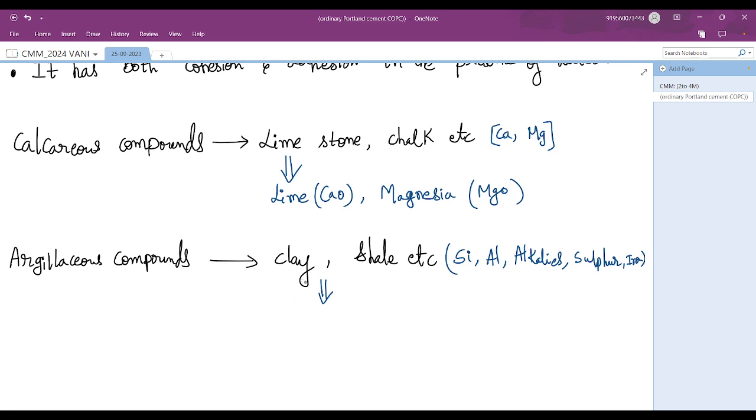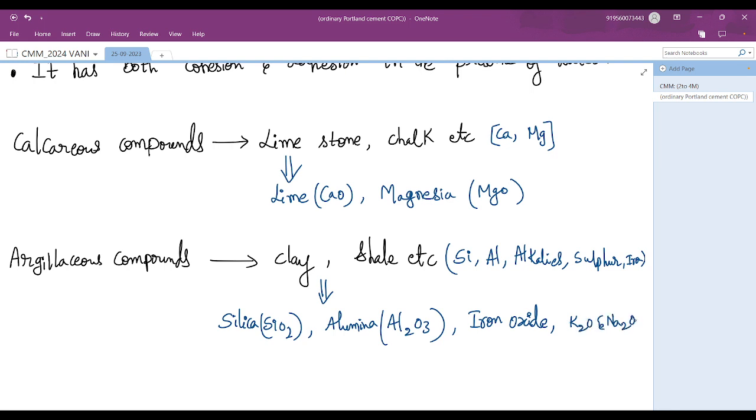Hence, the ingredients expected from these argillaceous compounds are silica, that is SiO2, alumina, which is Al2O3, iron oxide, and then alkalis, that is K2O and Na2O, and after that sulfur, which may be present either in sulfur form or sulfur trioxide.